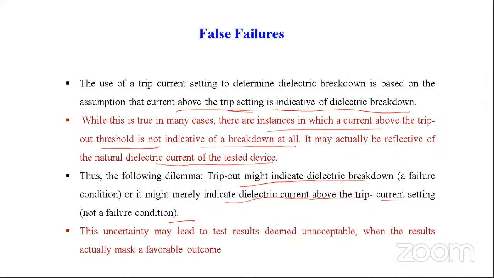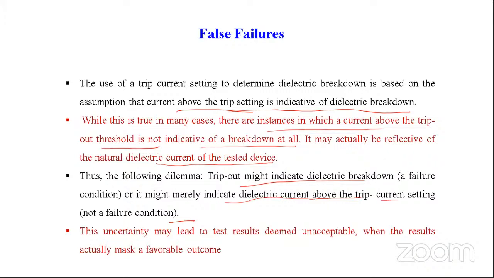Favorable outcome in that sense means whether it is a breakdown or the normal condition. You have to set the trip current in such a way that if the current flowing through the circuit is more than the trip current setting, this is the indication of insulator breakdown. But in the normal case, at a certain higher voltage level, the current flowing through the dielectric material gradually increases.